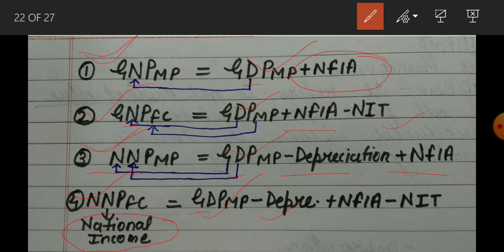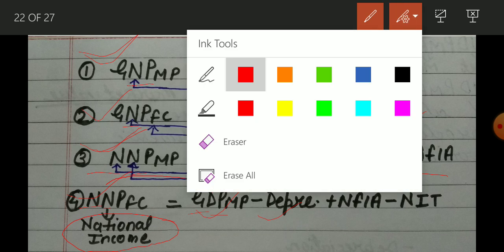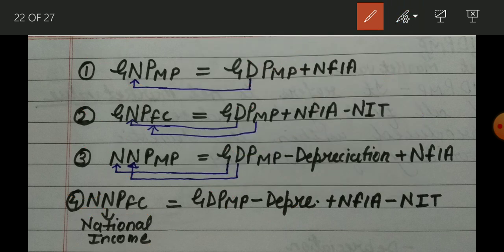When we are moving from domestic to national, we have to add NFIA. When we are moving from MP to FC, then we have to subtract NIT. In this way we are able to calculate NNP FC from GDP MP. Make the practice, then you are able to do it.